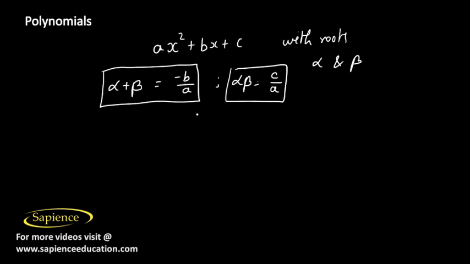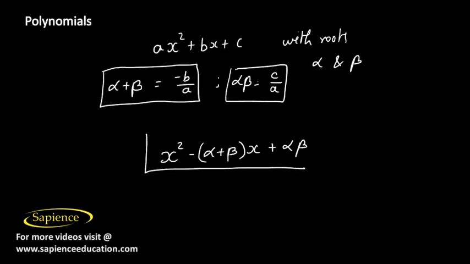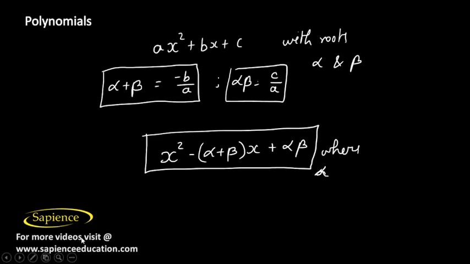Now with this relation we can write a polynomial's general form as this. A polynomial can be written as x square minus alpha plus beta into x plus alpha beta, where alpha and beta are roots.